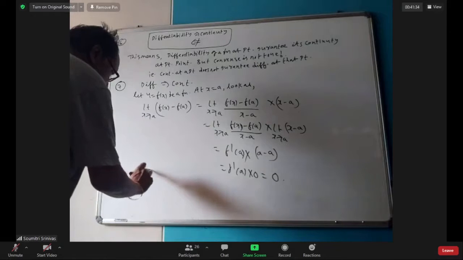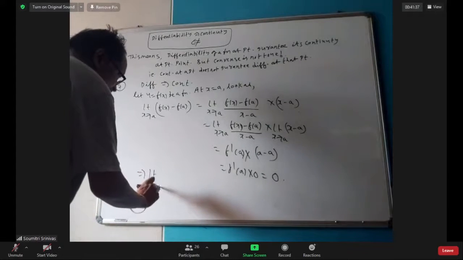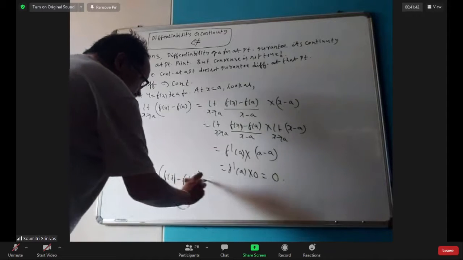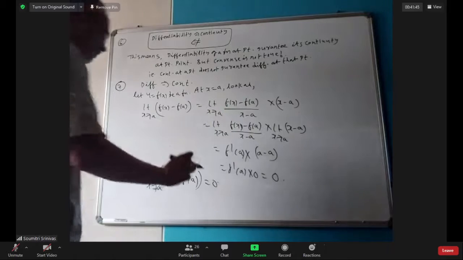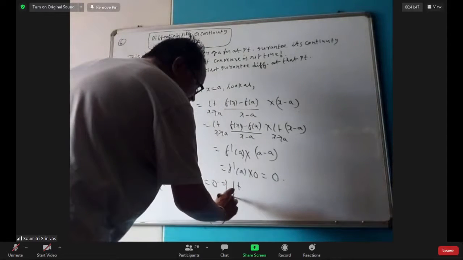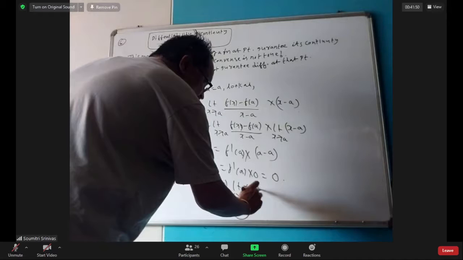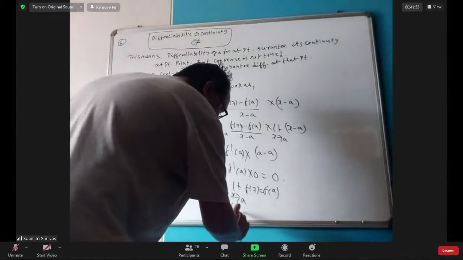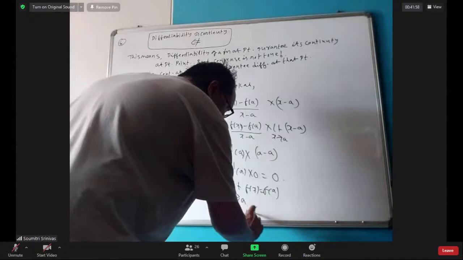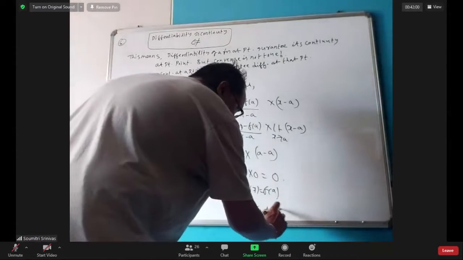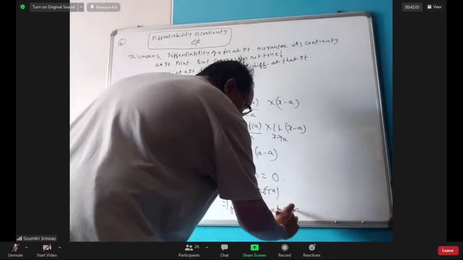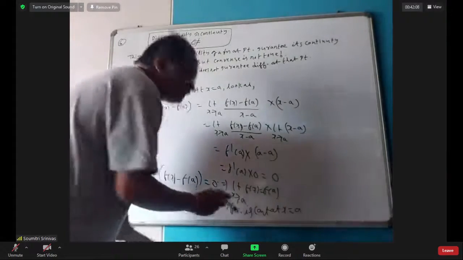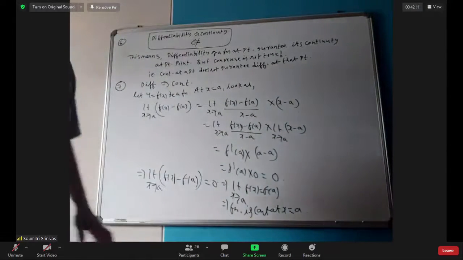So limit x tending to a of f of x minus f of a is equal to 0. Sending f of a to the other side, limit x tending to a of f of x is equal to f of a, which implies the function is continuous at x is equal to a. So what did I prove? Differentiability at a point guarantees continuity of the function at that point.